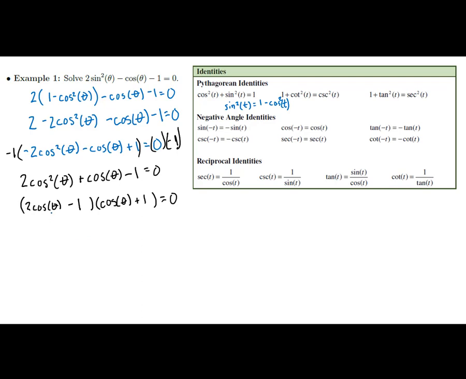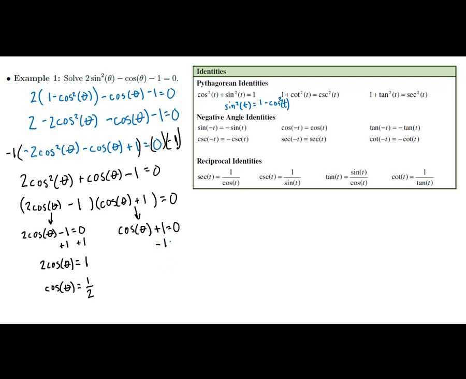So this leads me to say that 2 times the cosine of theta minus 1 equals 0, or the cosine of theta plus 1 equals 0. I can add 1 to both sides here: 2 cosine of theta equals 1, and dividing by 2 on both sides leads me to say the cosine of theta is equal to a half.